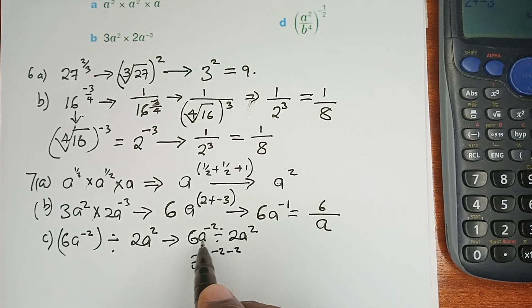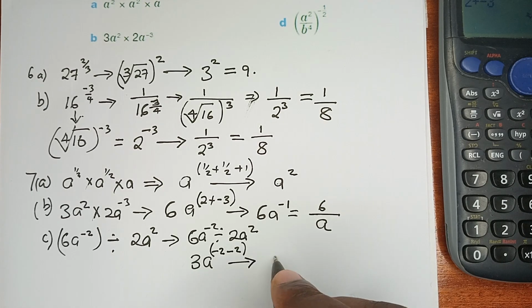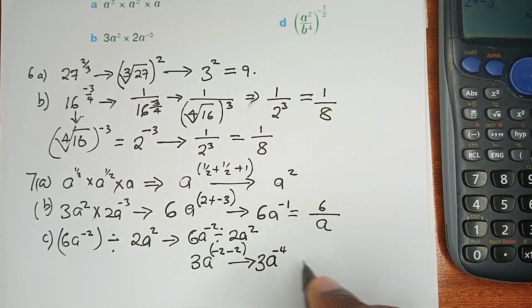Why minus? Because a raised to power minus 2 is divided by a raised to 2, and anytime we have such a situation, we get the difference of the indices. So this is 3a raised to power minus 4. If you write it in another form, we have 3 over a raised to power 4.